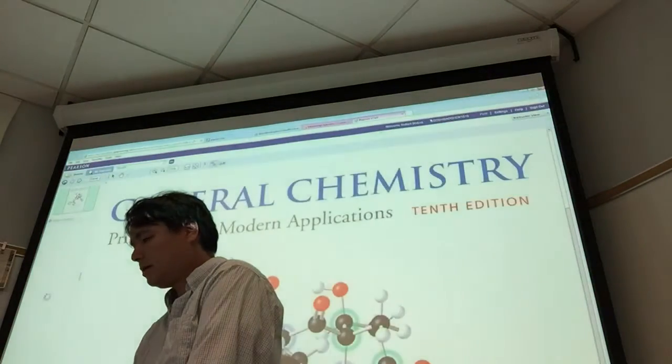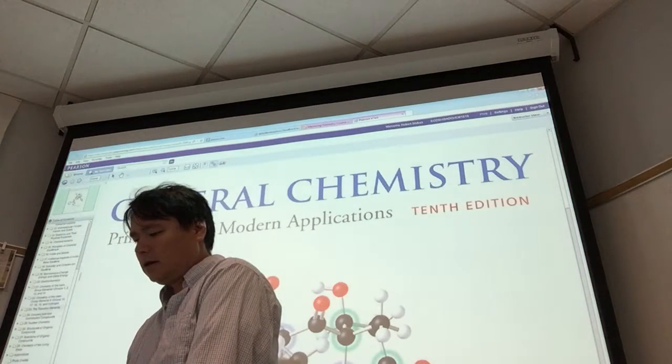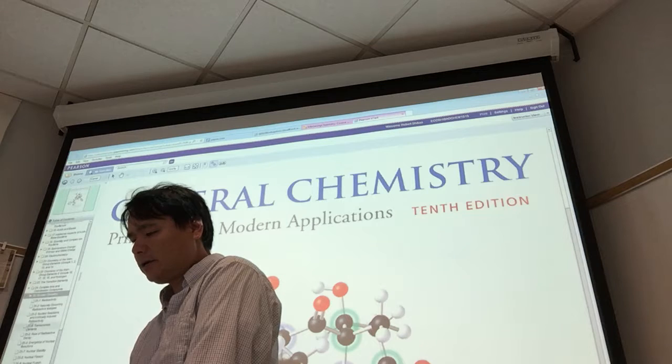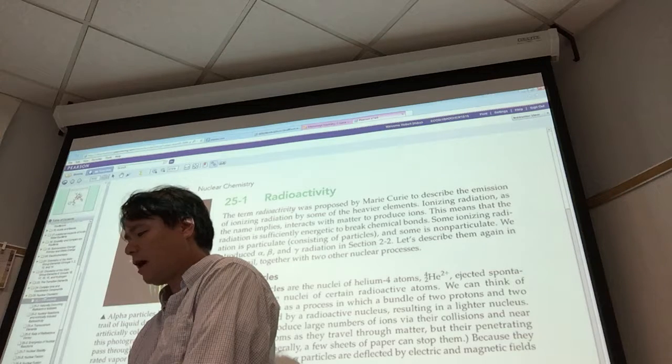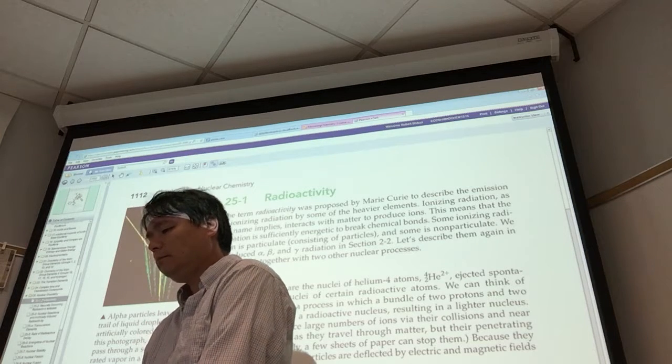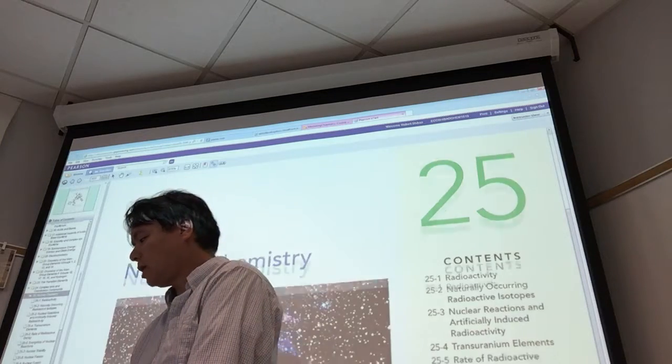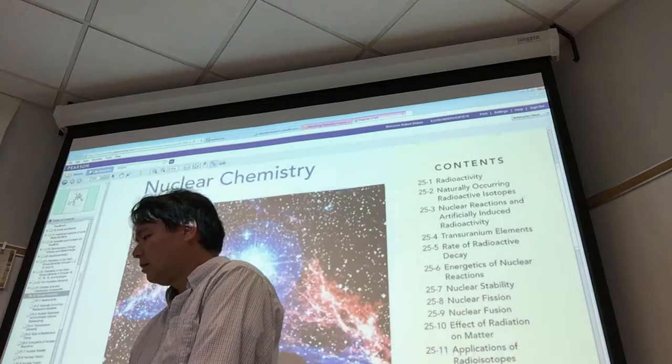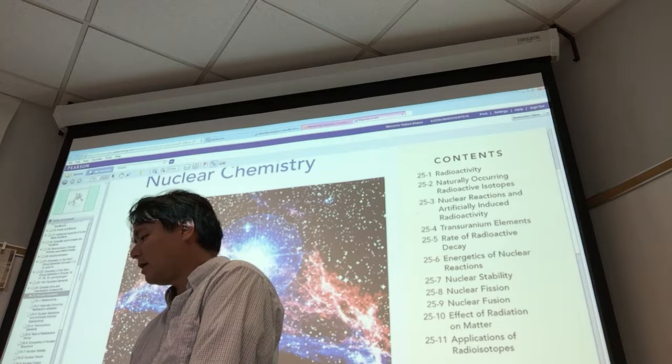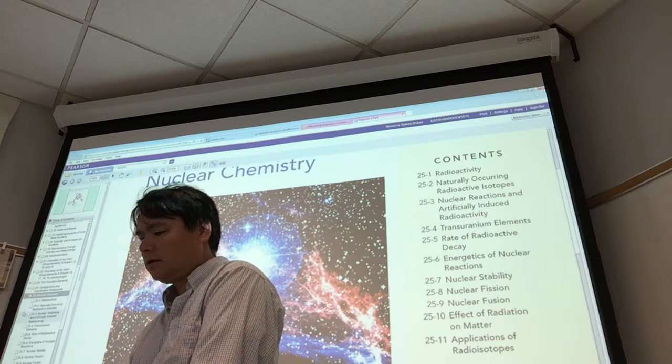All right, let's take a look at chapter 25. Like I said yesterday about chapter 25, it's a pretty long chapter. If you look at the sections: radioactivity, naturally occurring radioactive isotopes, nuclear reactions, etc. So we're going to just do a survey of this chapter.